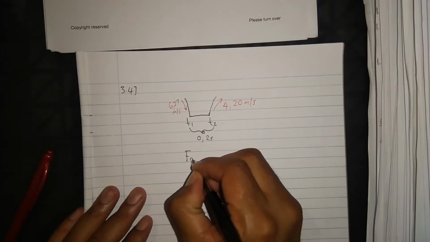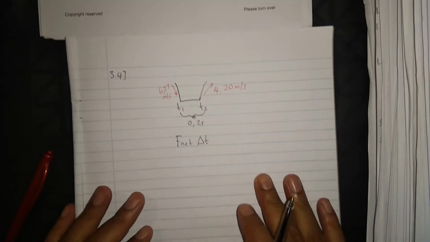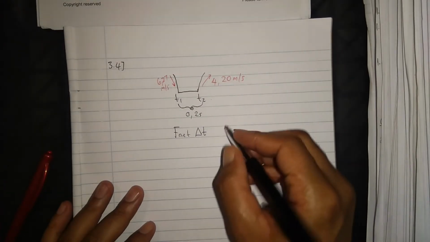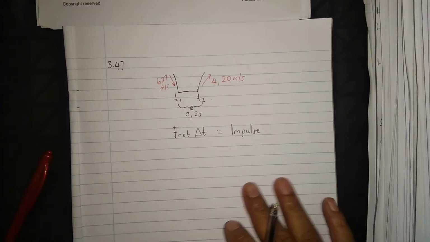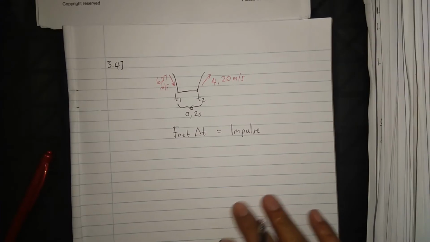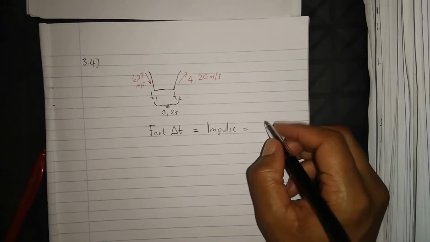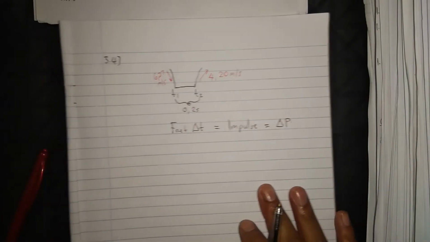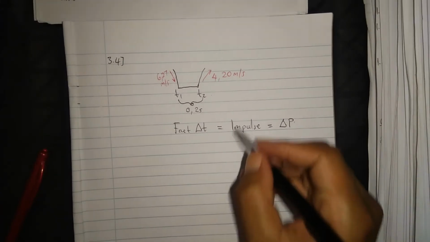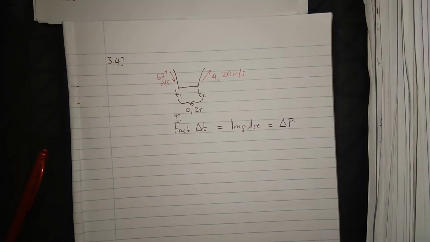We are talking about F net times T. Force times T is equal to what? Impulse. We are talking about impulse, and the impulse is also equal to the change in momentum of the ball. So what do we want? This force, F net.